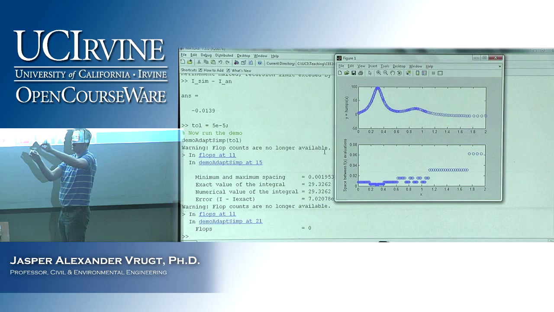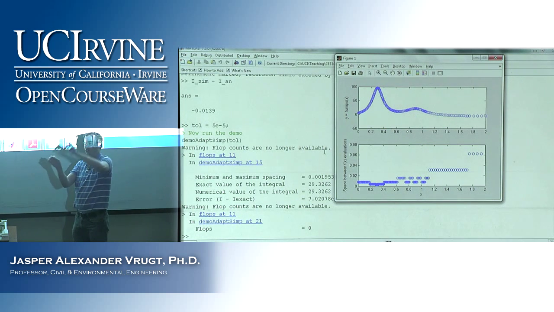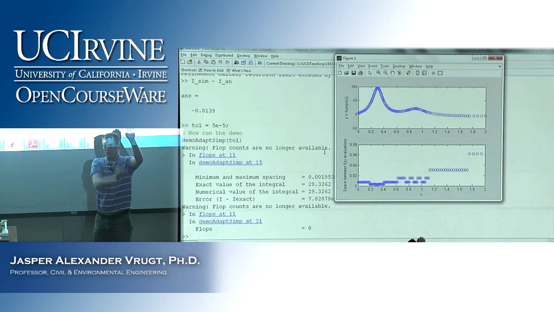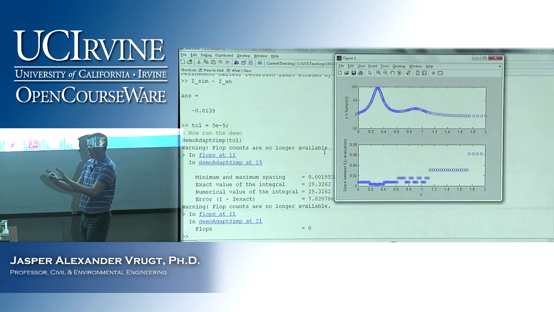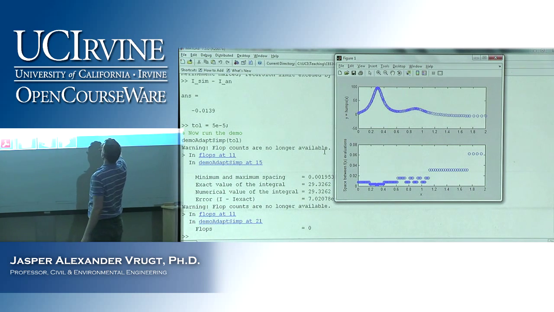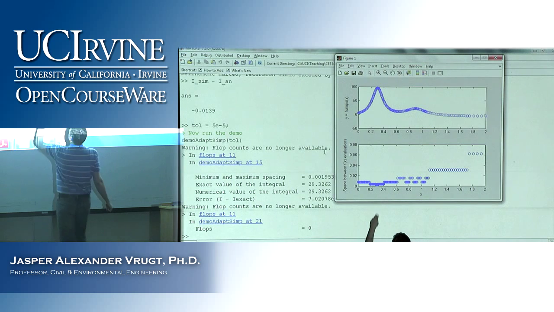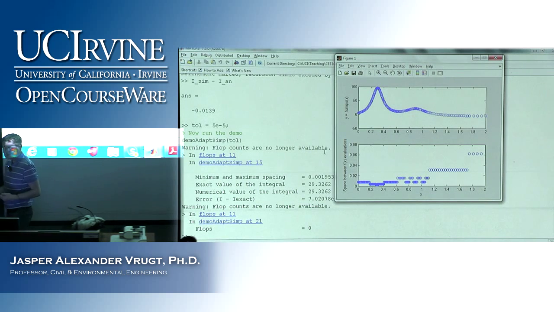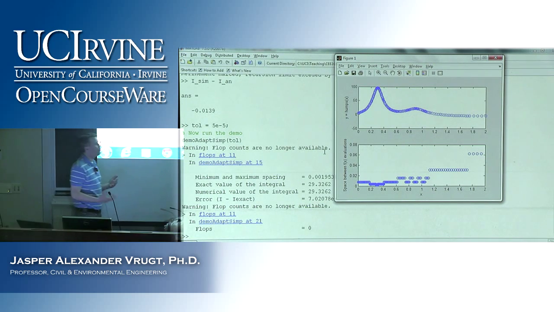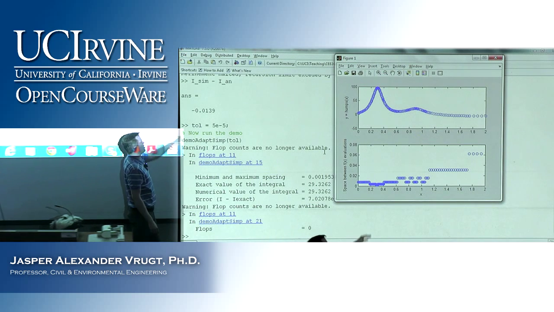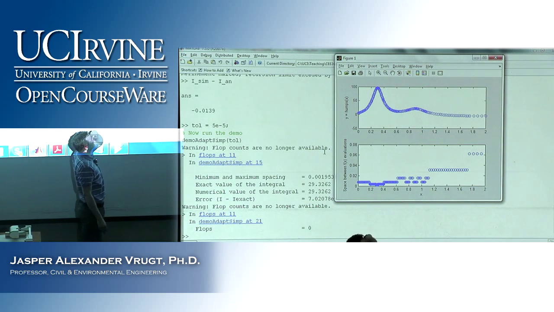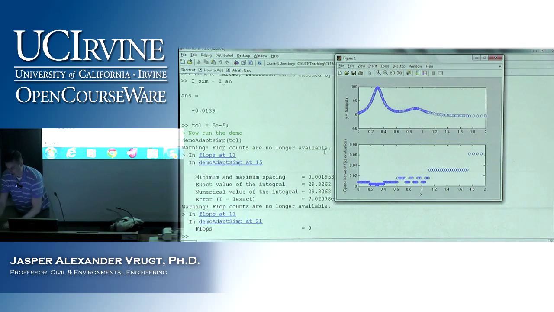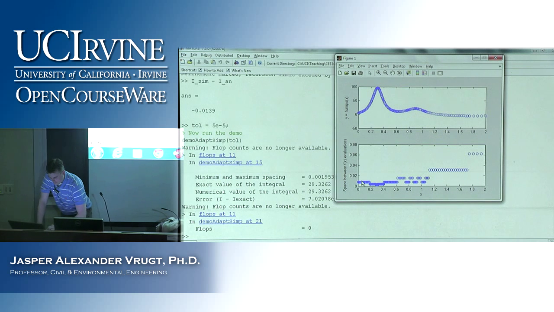If I have an entirely linear function like this, I only need this point, and I can apply the trapezoidal rule and calculate the area. This function is highly nonlinear, so in parts, the more nonlinear, the more x values this adaptive quadrature is suggesting. And why? To minimize the error with the actual analytical result. So you still need quite a number of x values, as you see here, to successfully solve this function.